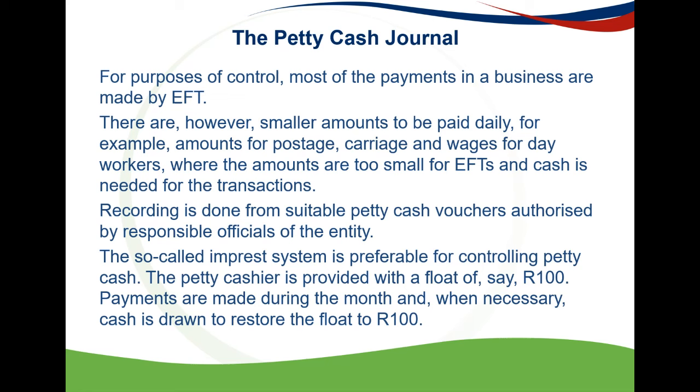So for every payment that goes through the petty cash journal, there needs to be a petty cash voucher, again, with approval and with the necessary documentation, proof, the cash slip, the slip that you received when you went and bought the tea, the coffee, the milk, so that there is evidence and it shows the amount that was paid, the amount that you've received, the amount that you've returned.